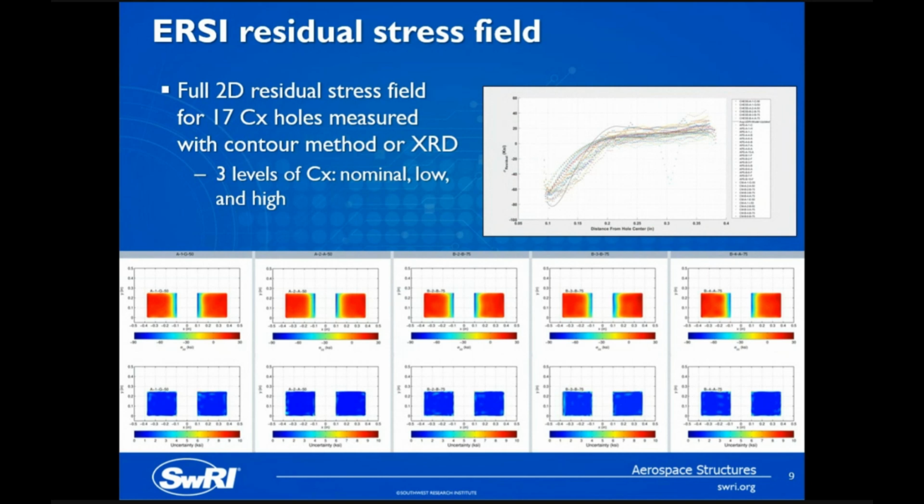And we ended up with full field residual stress fields that were measured using these different methods. So you can see here just kind of a mid-plane residual stress field. You can see that strong compression down here by the hole edge, and then it gets up here to some residual tension farther away from the hole.